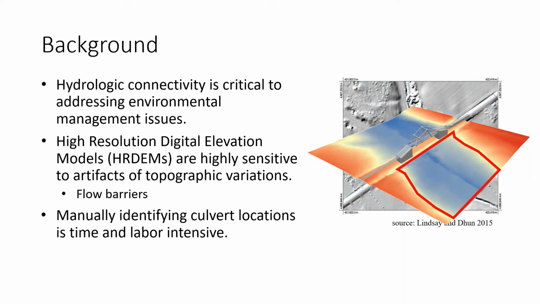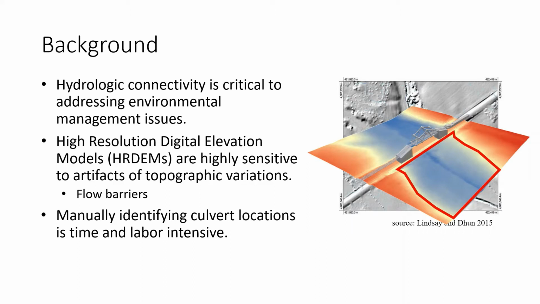The spatial characterization of hydrologic connectivity often involves the delineation of hydrologic features using high-resolution digital elevation models. And although there are benefits to using HRDEMs, numerous studies have shown that hydrologic delineation of features like drainage paths and watershed boundaries based on HRDEMs are susceptible to a large amount of artifacts of topographic variations, including flow barriers and depressions.